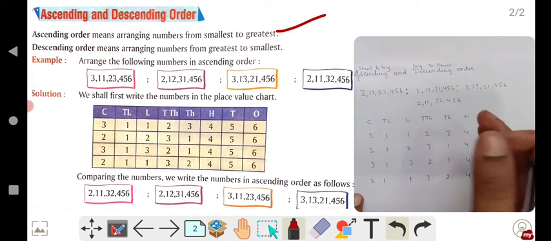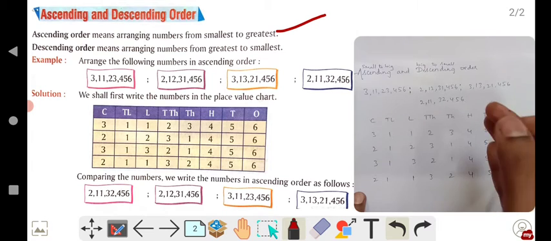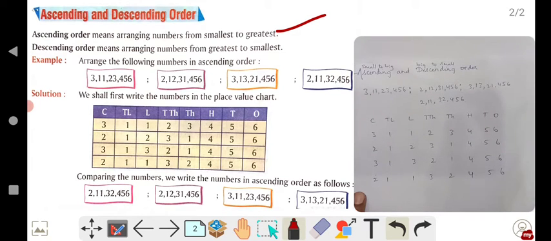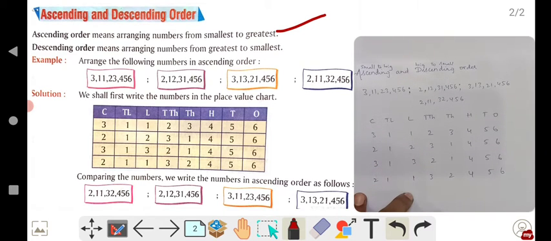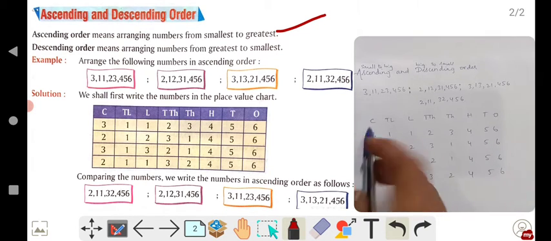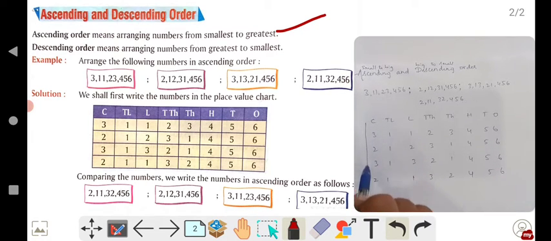As you have learnt in your previous session, the comparison of numbers, how to compare the numbers and identify which number is greater. So what you need to do, first write the numbers in the place value chart. It will be easy for you to identify which number is greater. Then see the place value in the crores place.